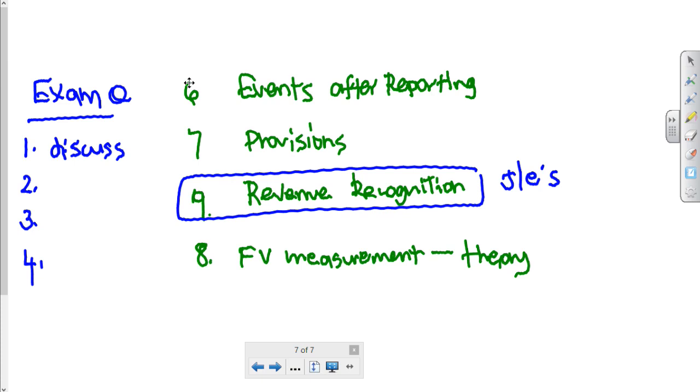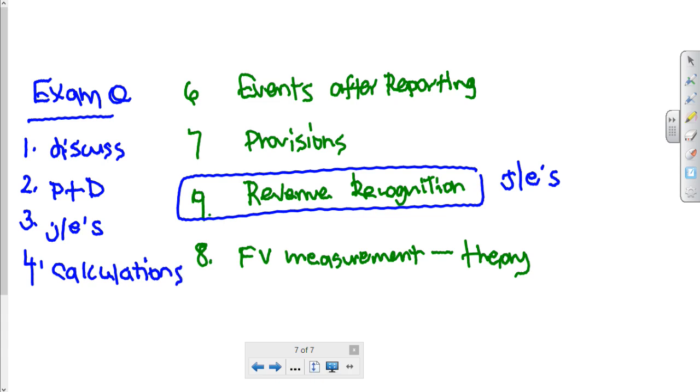The second type of exam questions is presentation and disclosure. Your statements and your notes. Presentation is your statements, your face, statement of changes in equity, statement of financial position. Disclosure is your notes. Number 3, they can ask you journal entries. And number 4, they can ask you calculations.